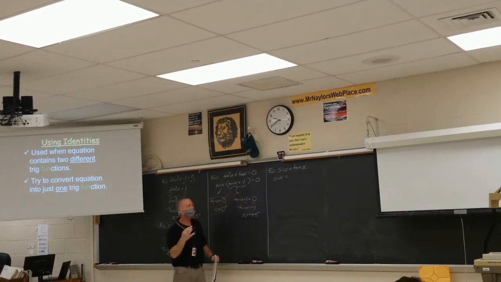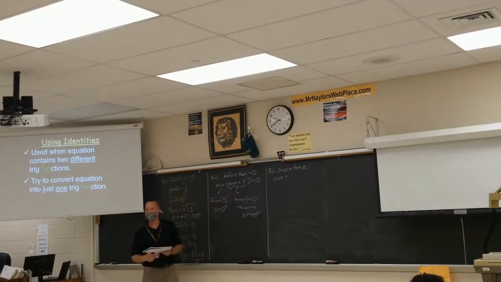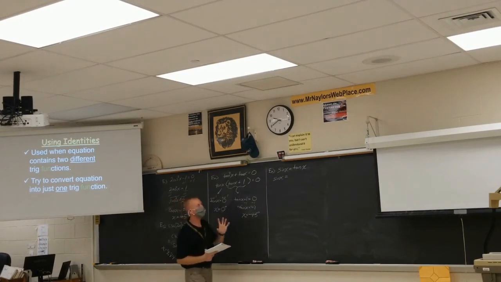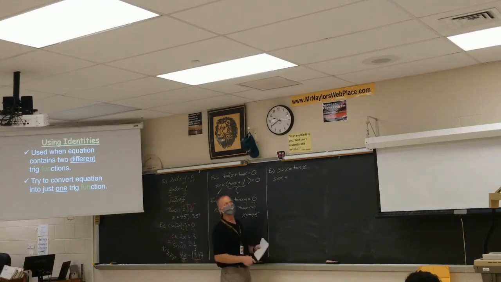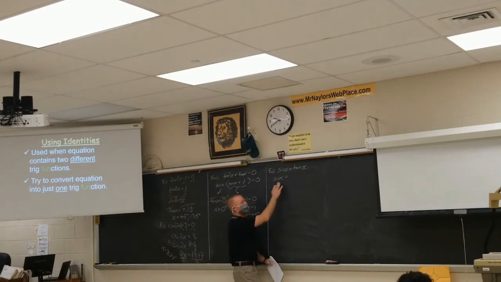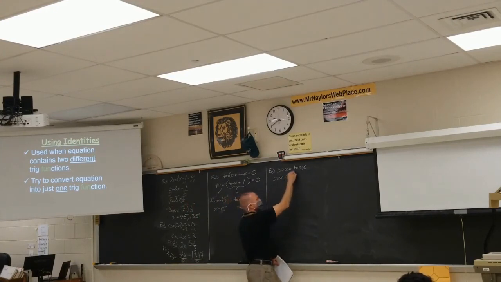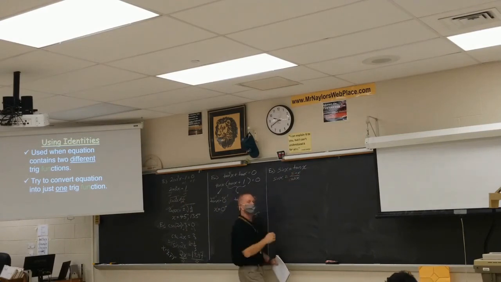Are you kind of feeling like changing tangent? Do you feel like we've changed it many times? Can you change tangent so that it looks a little bit more like the function I have over here? Can you change tangent to be sine over cosine? Well, sure. We just did.